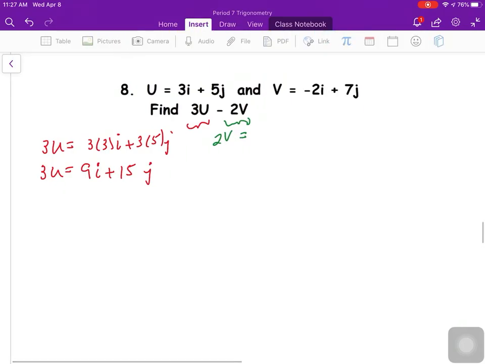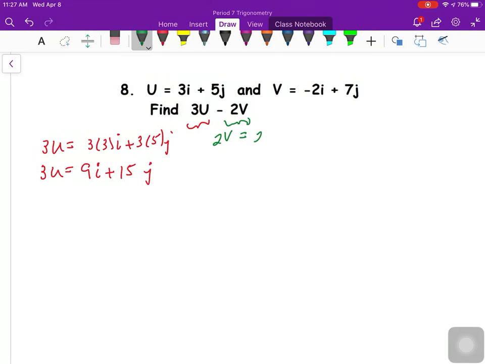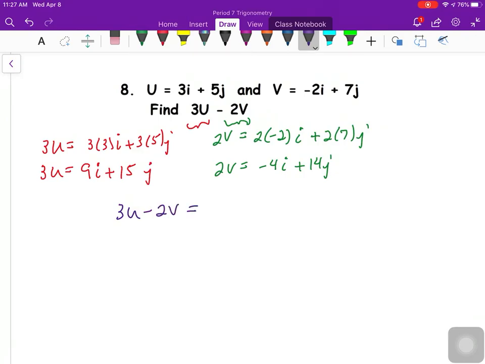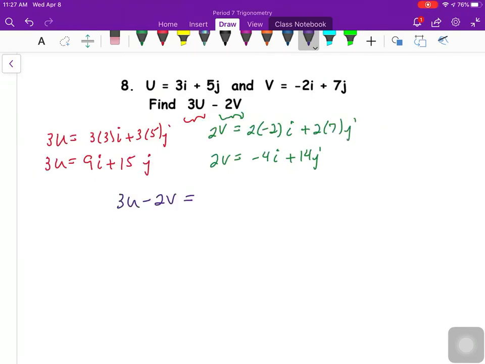So 3u is 9i plus 15j. 2v would be 2 times negative 2 for the i, plus 2 times 7 for the j. So 2v would be negative 4i plus 14j.